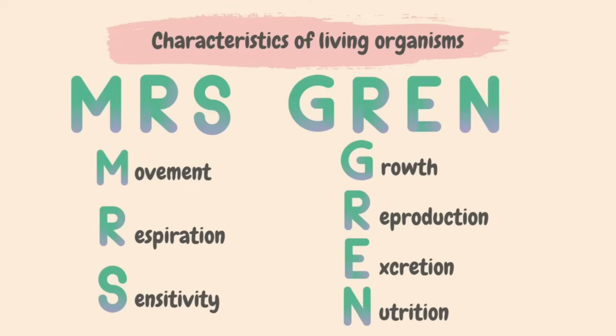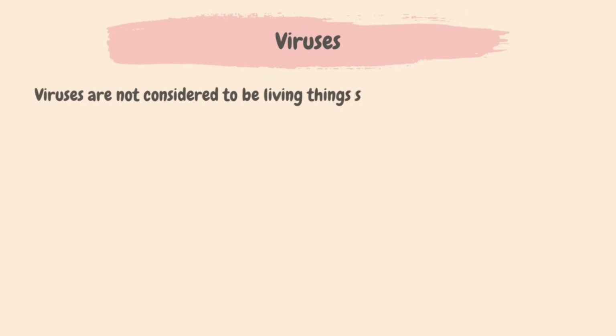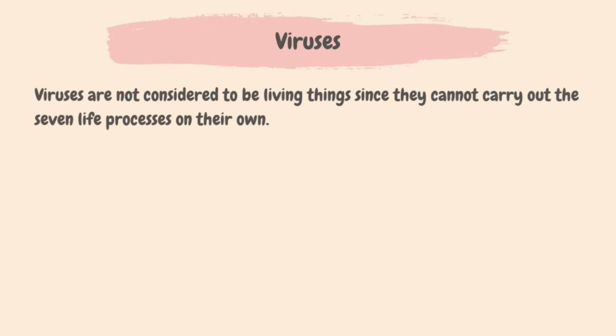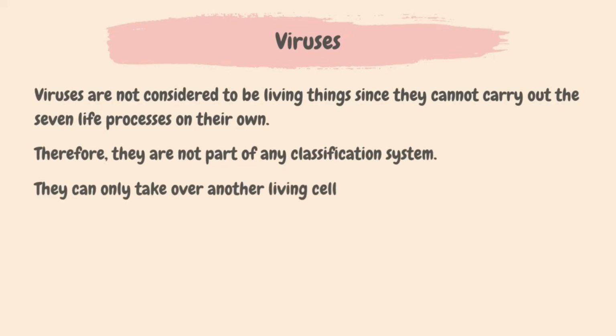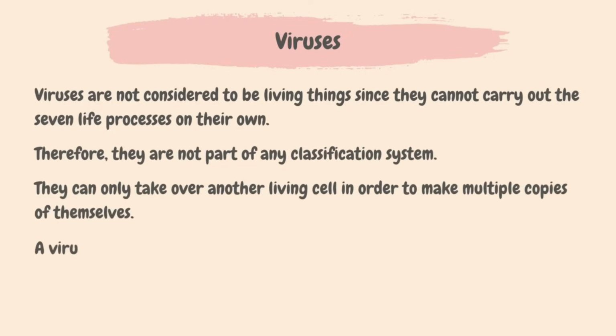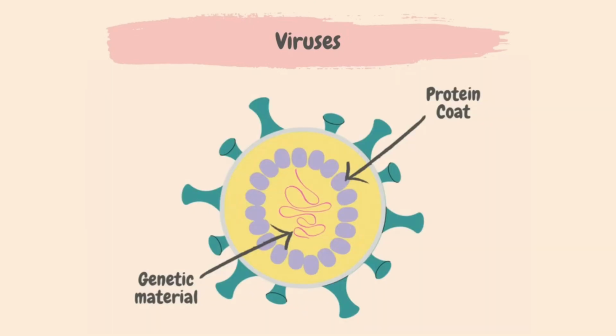So organisms are supposed to show the 7 characteristics. The only organism that does not show all of them is the virus. The rest are supposed to show these characteristics for them to be classified as living.